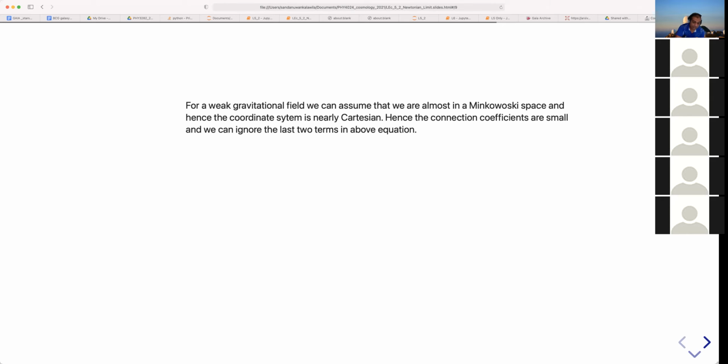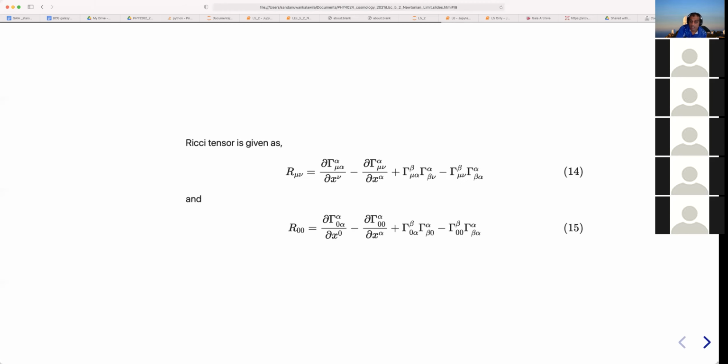Right now, if we assume that particular condition, I have a question for you. In this equation, which is equation number 15, what will happen to these 4 terms here for the Ricci tensor, especially what will happen to the last 2 terms.